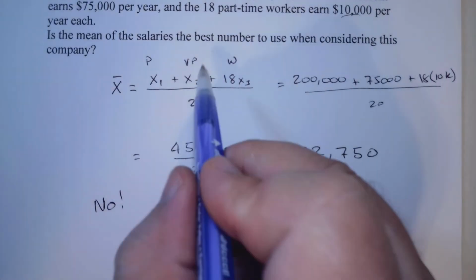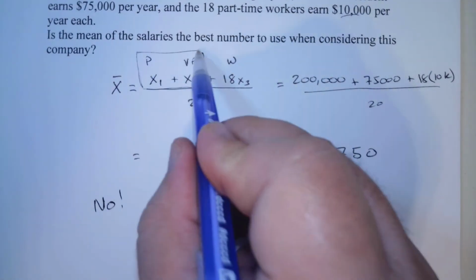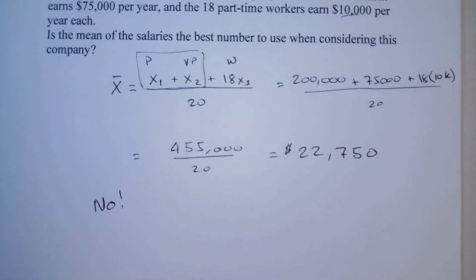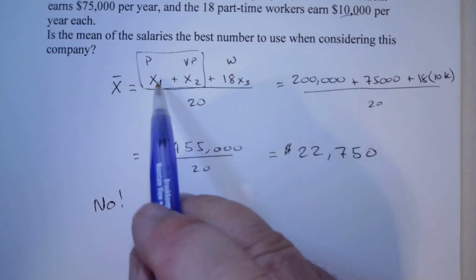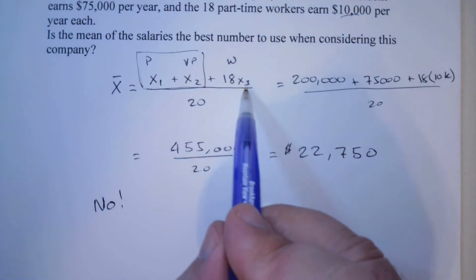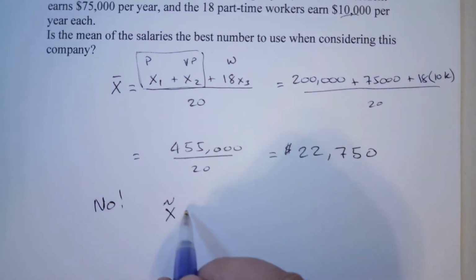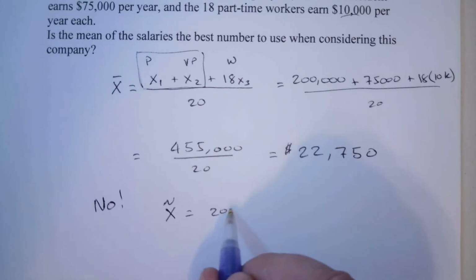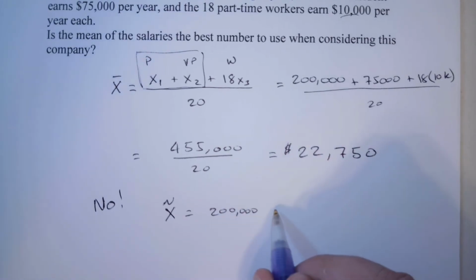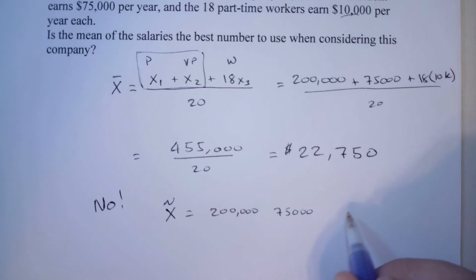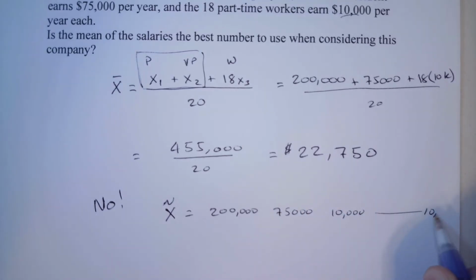The reason being is because of these two. If we look at that, without those two big salaries, because those are the only full-time people, everybody else is part-time, they each make 10,000. So if you looked at the median, we had 200,000, 75,000, and then a bunch of 10,000s.